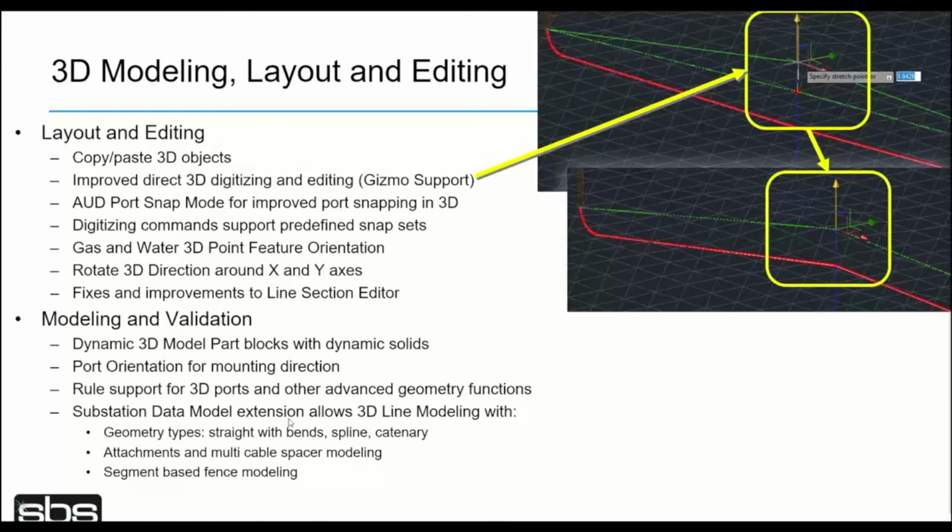And then finally, in the substation data model extension, there's support for direct conductor cables with bends, splines, direct catenary support without using wires, and then support for having multi-cable spacers, and of course the fence modeling, which is based on enhancements to the segment feature class.